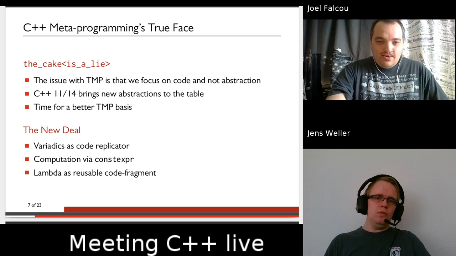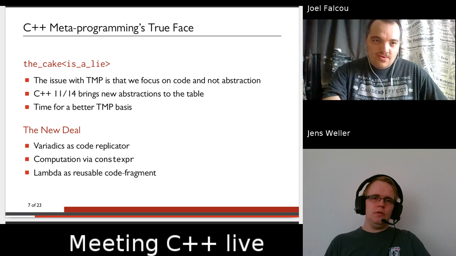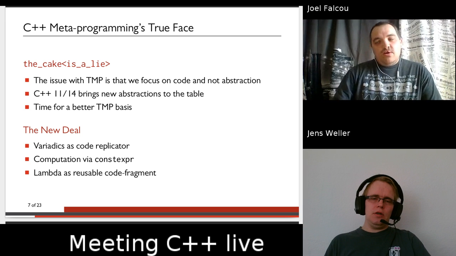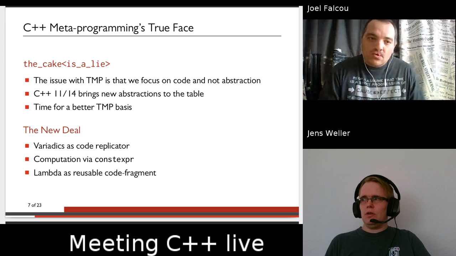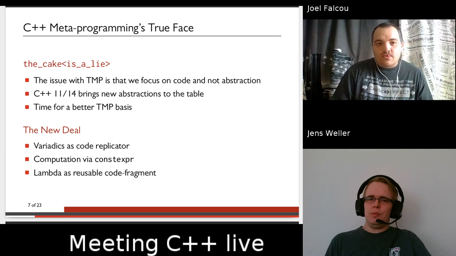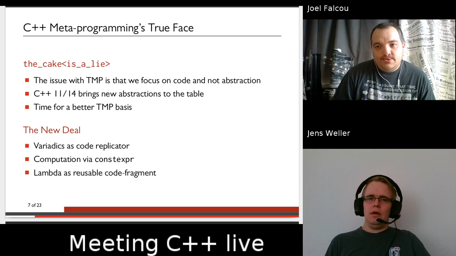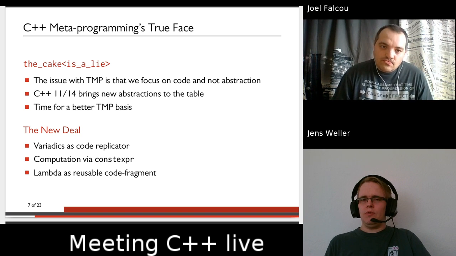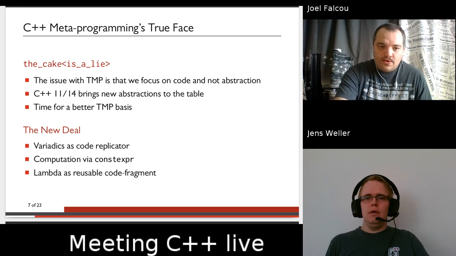For you, the new idea is that you use variadics as a code replicator and computation via constant expressions, because that's now actually more usable in C++14. Lambdas are also, for you, a customization point from the outside, but also they're usable with C++14 and in a generic context much more.